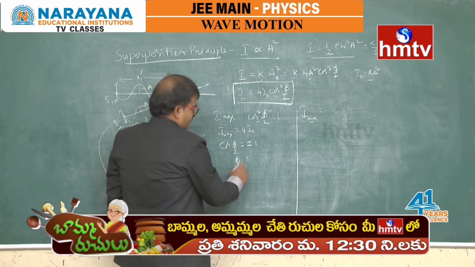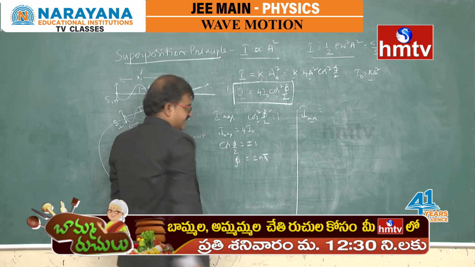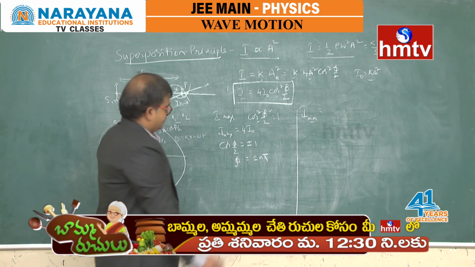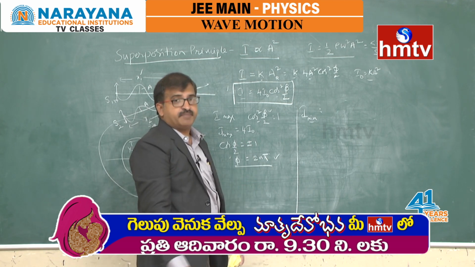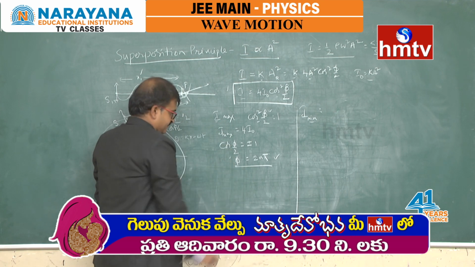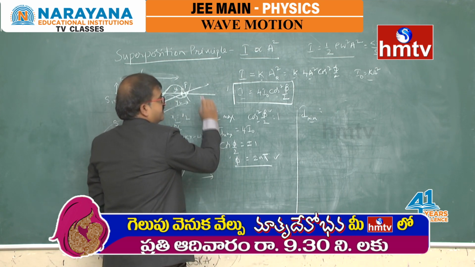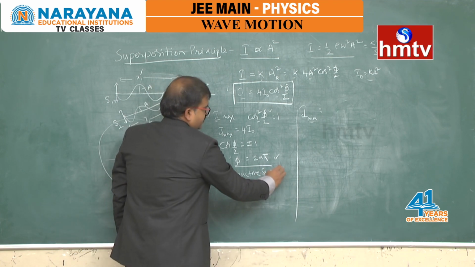So the phi value becomes 2n pi, which is the condition. For this value of the phase difference 2n pi, the intensity will be maximum.